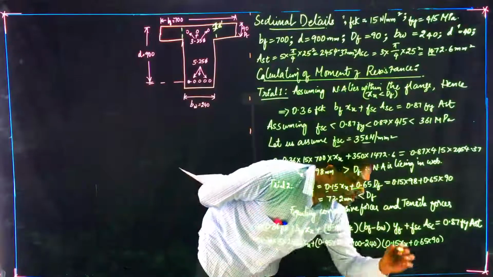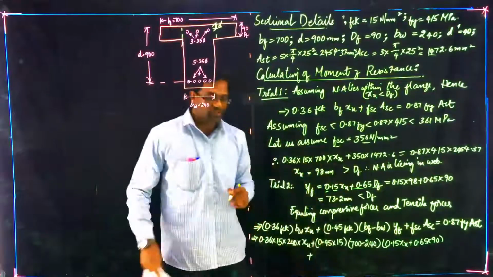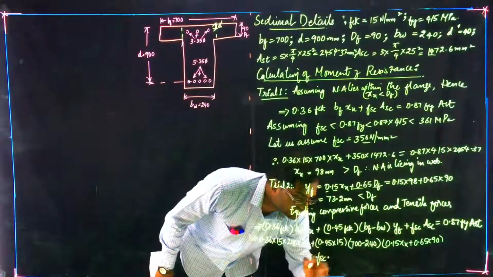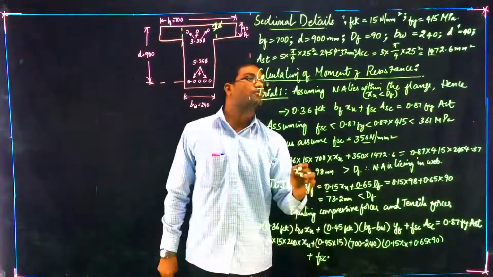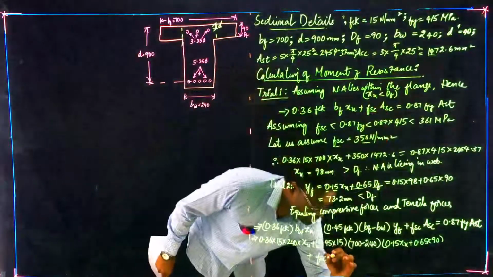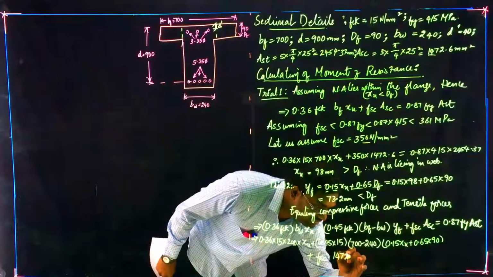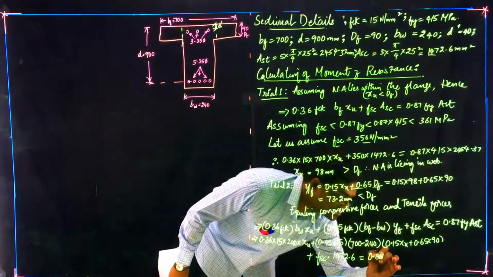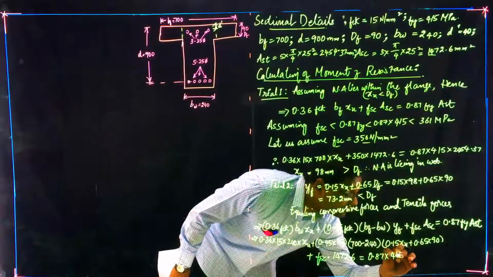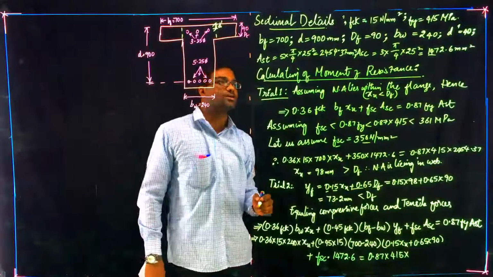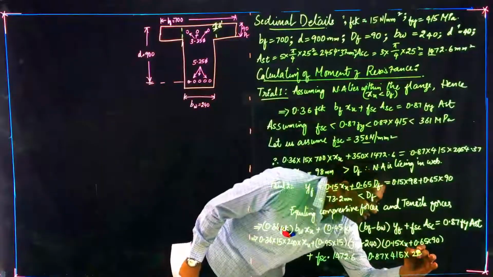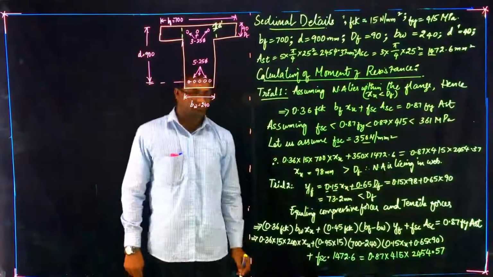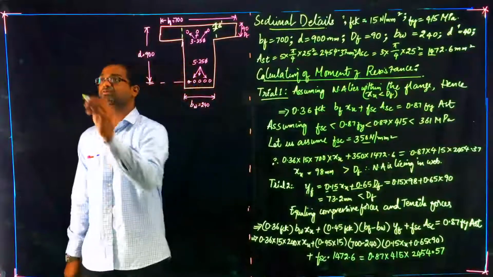YF we have substituted, plus FSC, keep it like that only. FSC into ASC we have got value as 1472.6, which equals 0.87 into 415 into AST as 2454.57.